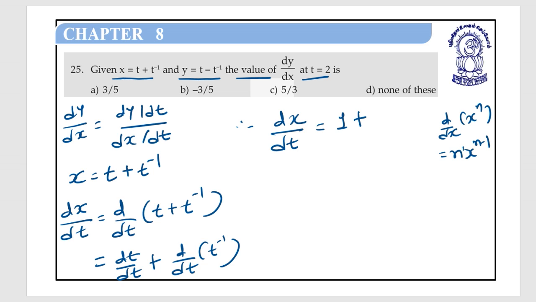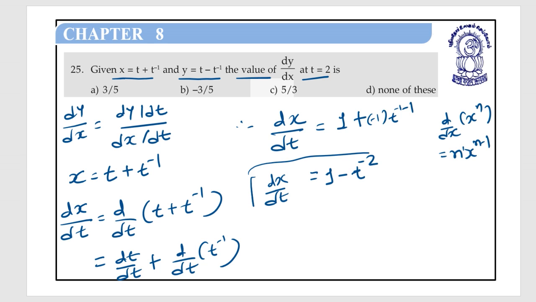Here t instead of x, here t is present. So, minus 1 t raised to minus 1 minus 1. So, 1 minus t raised to minus 2. Okay. Now, this is the dx by dt.